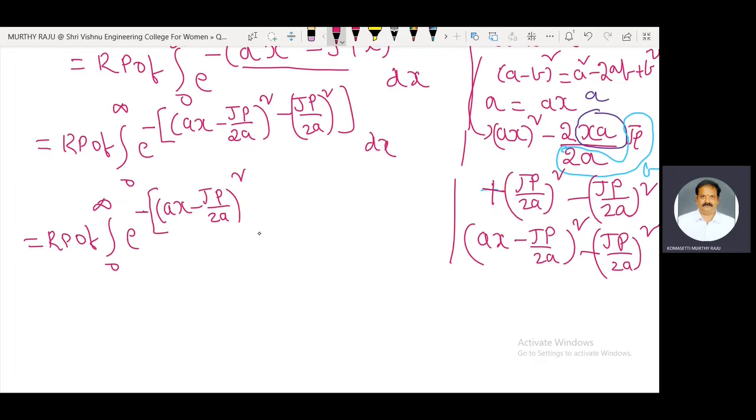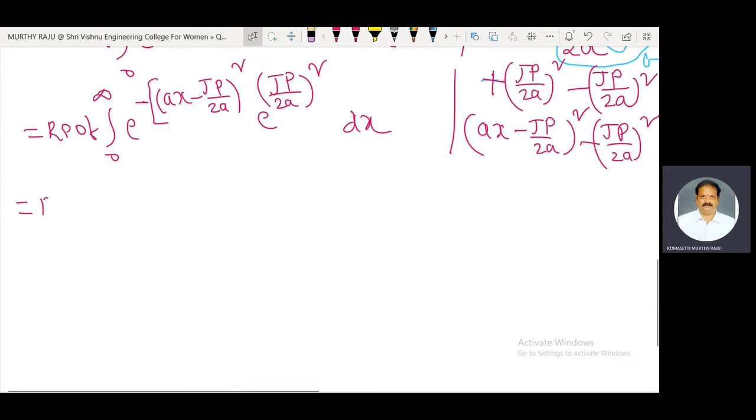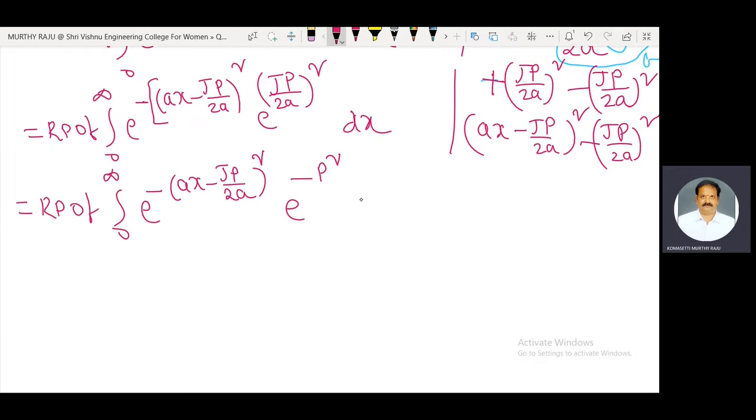Here j square is minus 1, so p square by 4a square, e power minus p square by 4a square dx.